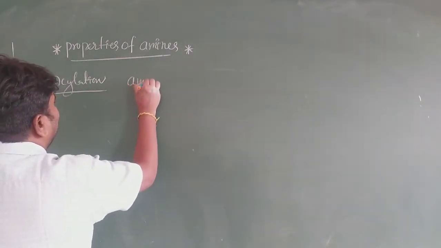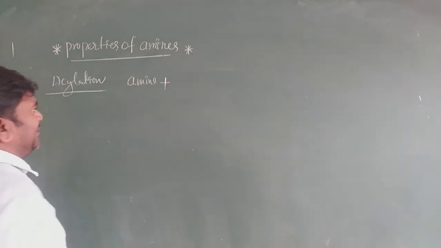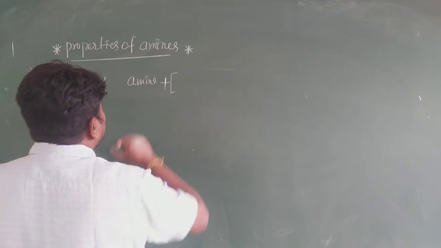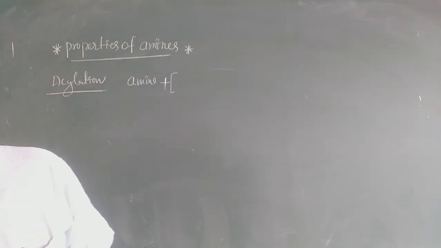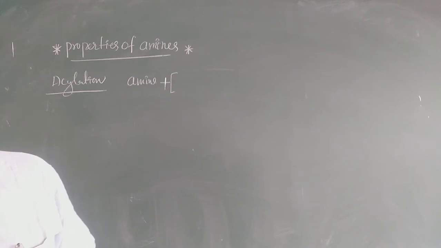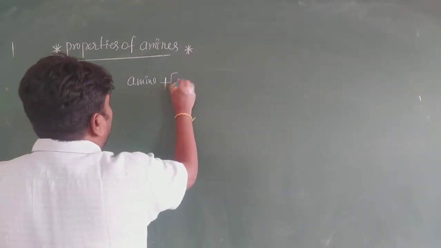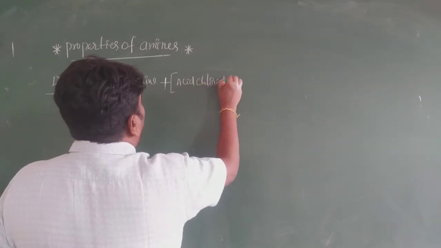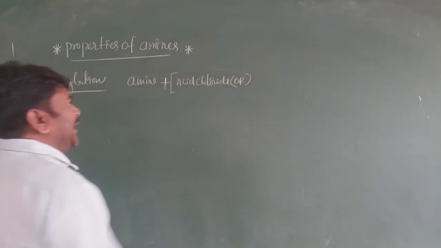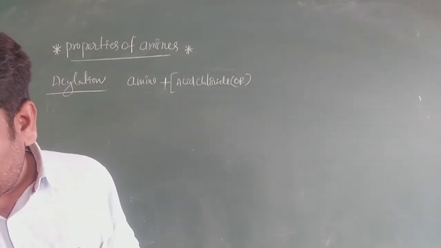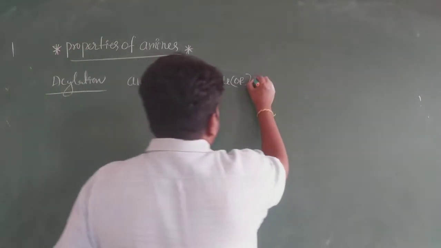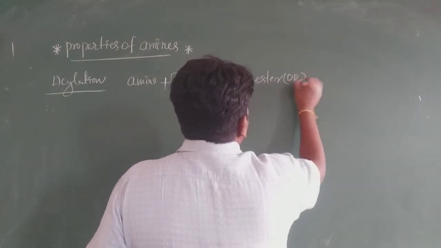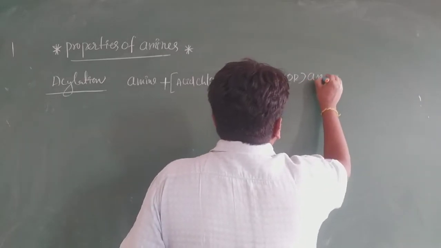When an amine reacts with acylating agents, that is acetyl chloride, an acid chloride, or amide, or anhydride. Sorry, ester is possible, or anhydride.